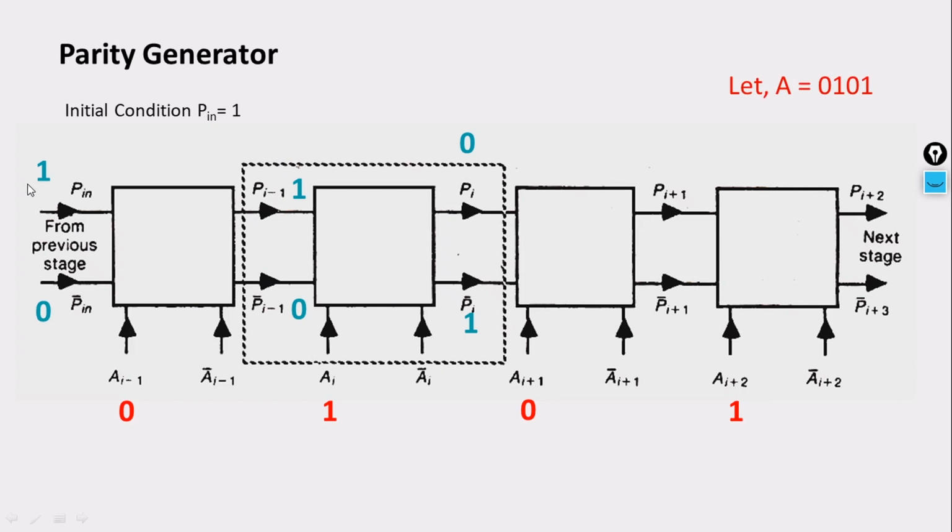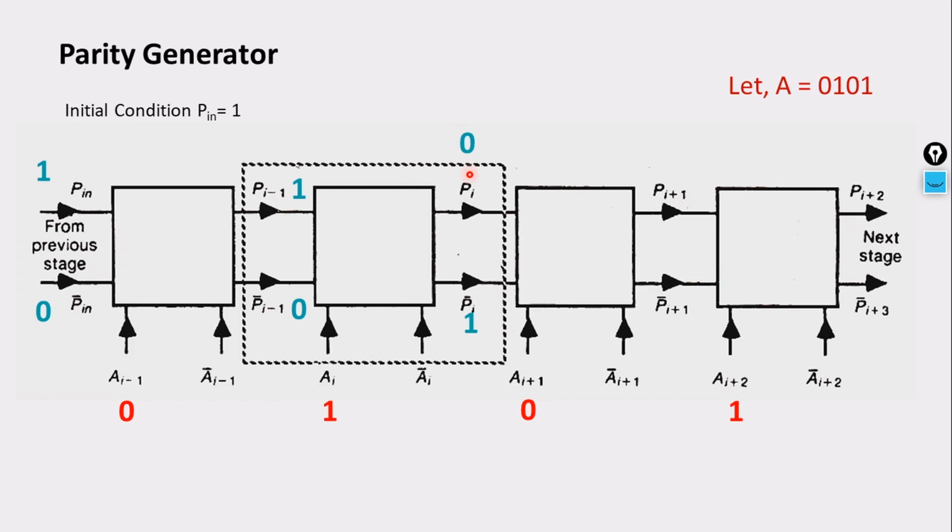Now see, initially I had only count 0, that is even, so there is no change, because there are 0 number of ones, so my p in should be 1. Now after this particular input, I am having a count of 1 which is odd, my p should be 0, so I have negated this.